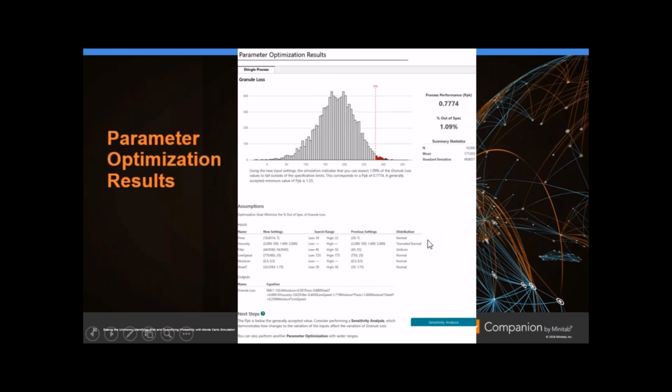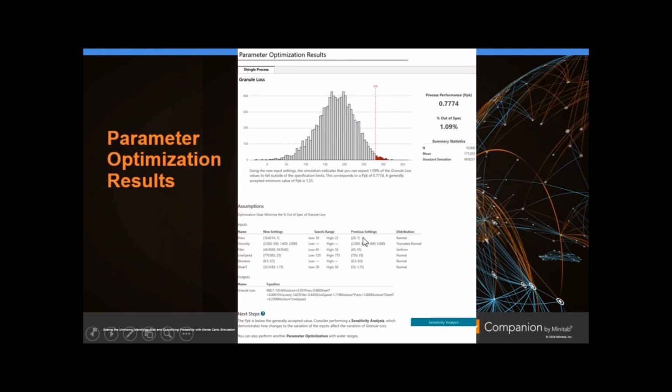So it runs through the parameter optimization and tries to find the best settings for the factors. You can see down here in the output the previous settings, in terms of where we were with the process. Our first initial simulation had the press set at 20 with the standard deviation, and now after running through the search, it's setting the press closer to 18.